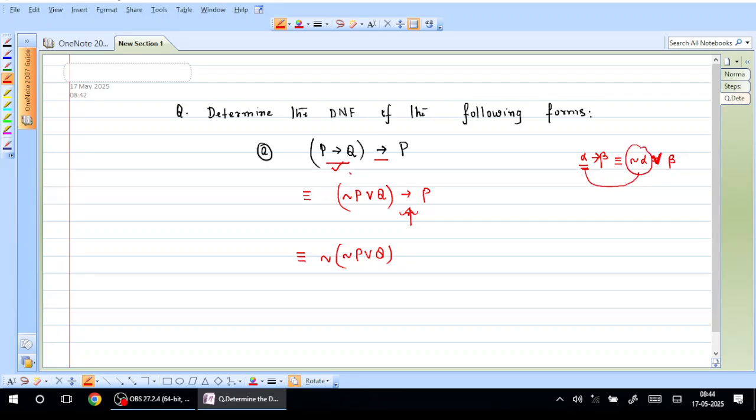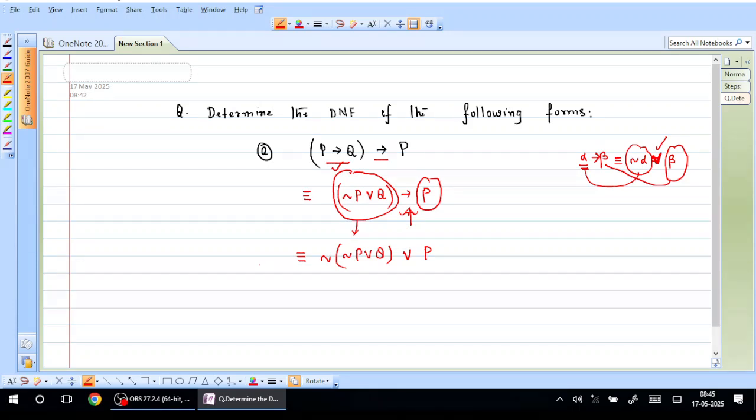So here this whole is my hypothesis. I have gone for the negation of the whole, then join. So I have the join symbol next, and then beta. Beta is what? The consequent, which part is appearing after the conditional symbol, and after the conditional symbol here is P, so I will write here P.